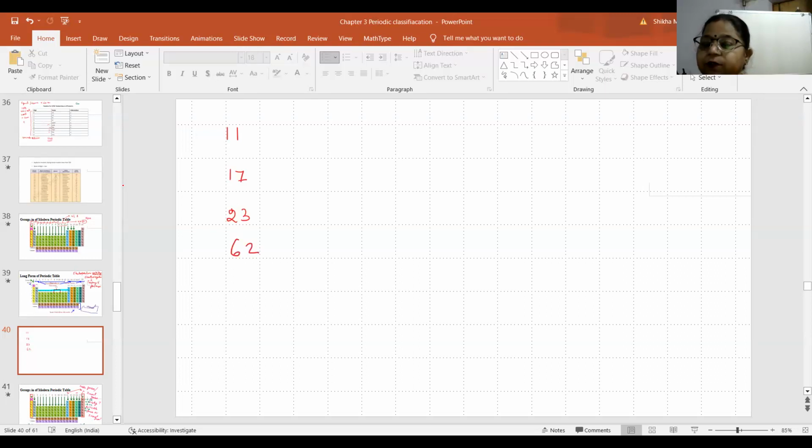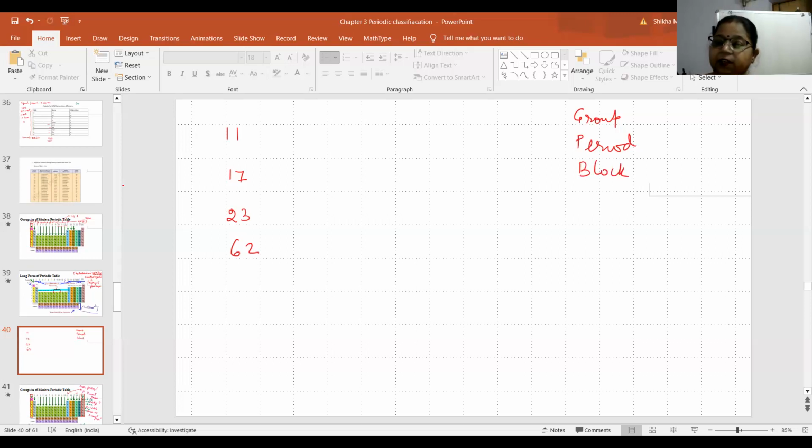I believe all of you know how to write the configuration of these elements according to Aufbau rule, right? Yes, ma'am. Now, can you quickly write it down? Then with the help of that, we will understand how to assign group, period, and block to the modern periodic table.